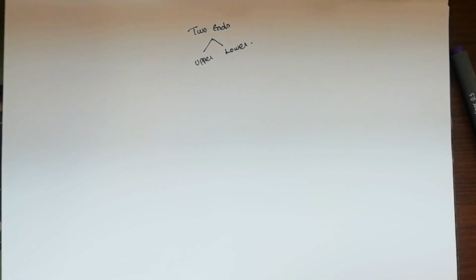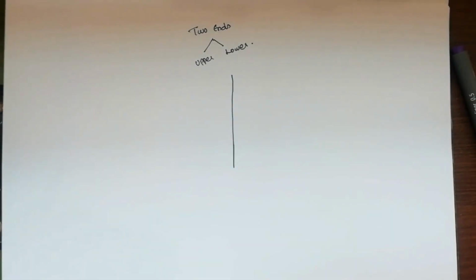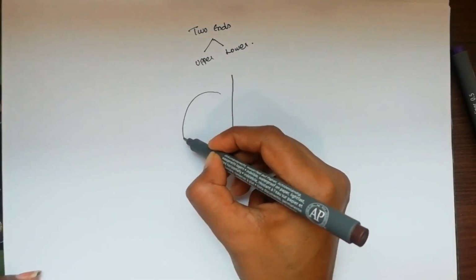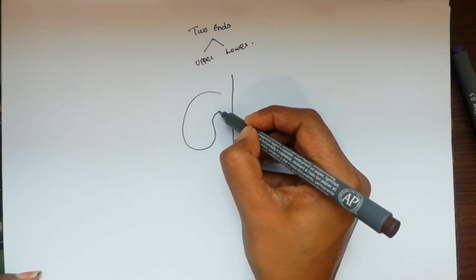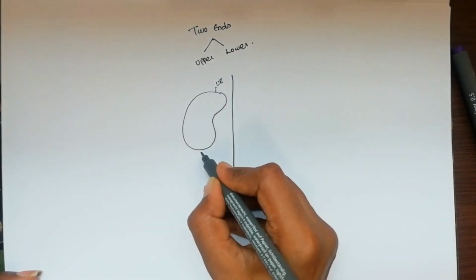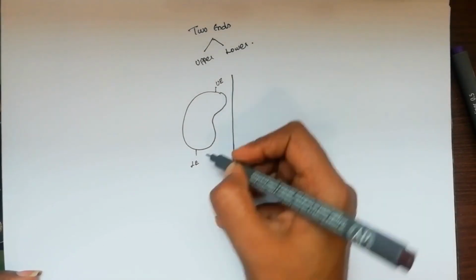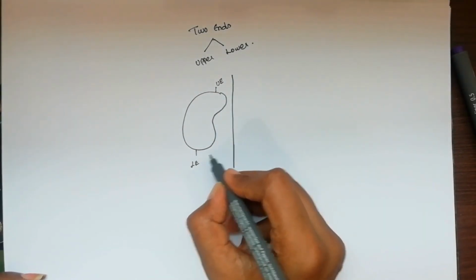So here we already have discussed this. So we have got a median plane. In this, the kidney is placed in such a way where this is the upper end, this is the lower end. Upper end is placed near to the midline and lower end is far from the medial plane.